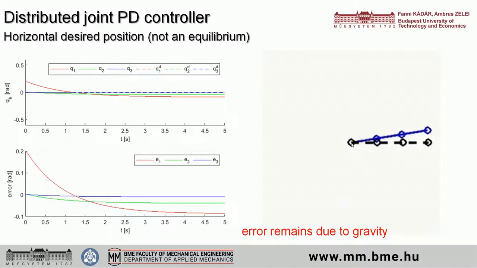Besides, the PD controller generates output torque only if there is a certain positioning error, so therefore it is necessary to have some positioning error to provide the necessary control torques which hold the system in this nearly horizontal configuration. All in all, we can say that this PD controller behaves like a spring damper system.